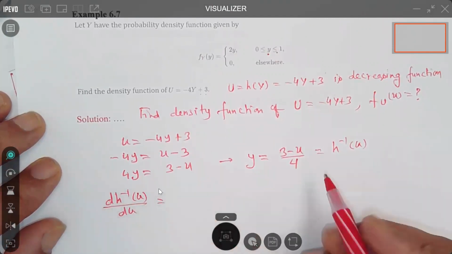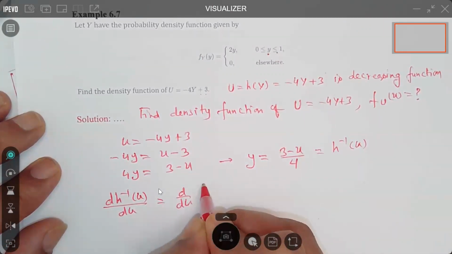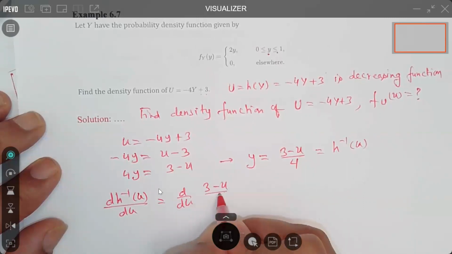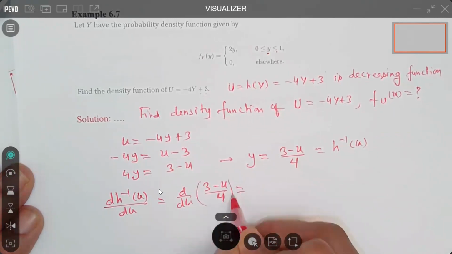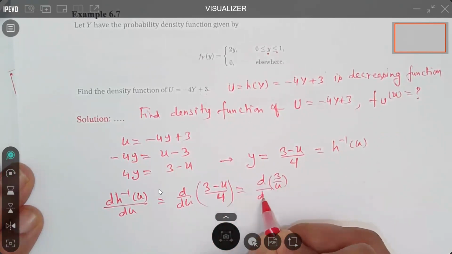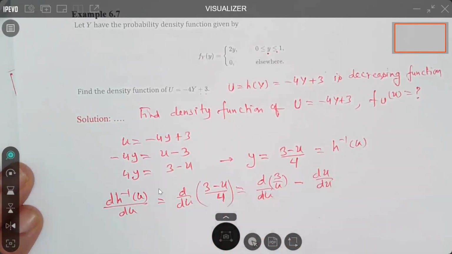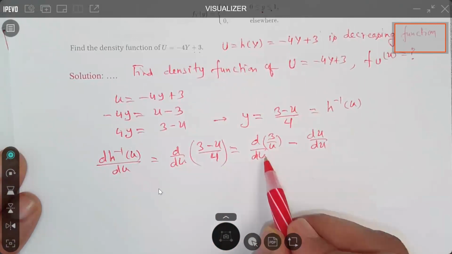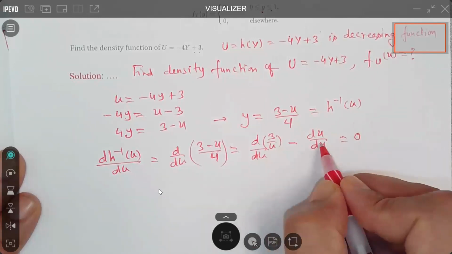So this is equal to d of 3 over 4 by du, which is 0, minus du by du, over 4.